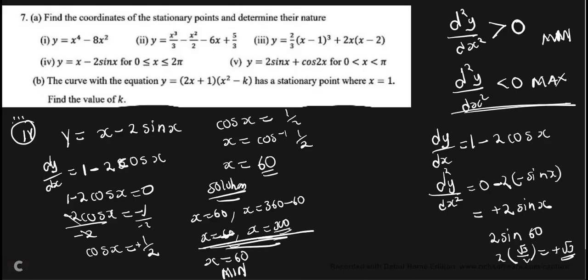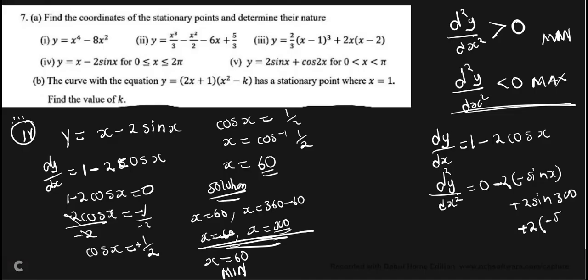Then you go to the other one again. 2 sine 300, such that it will be negative.